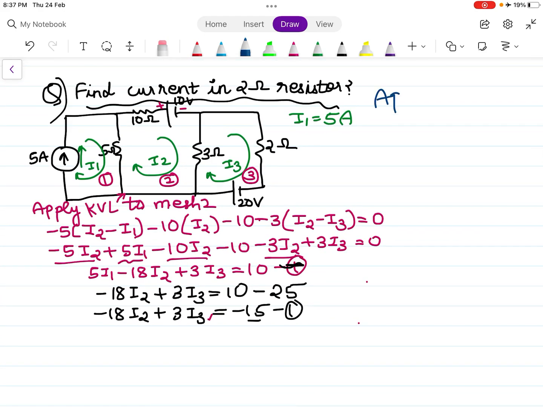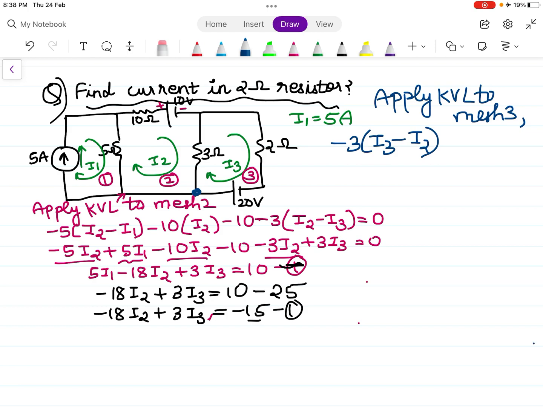Now I will apply KVL to mesh 3. When I apply KVL to mesh 3, starting from this end, I say minus 3 (I3 minus I2), since I3 current is more, minus 2 I3, negative to positive plus 20 equal to 0.